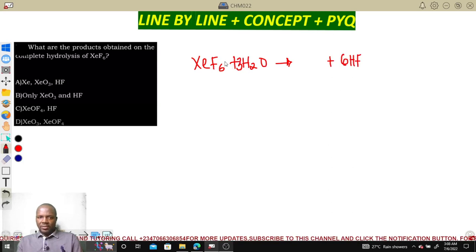I said 6HF. It's not 6HF. It should be complete hydrolysis. So if we go by that, it should be Xe. No, no, no. Let me balance the equation. Apologies. Eraser. Okay, this is it.